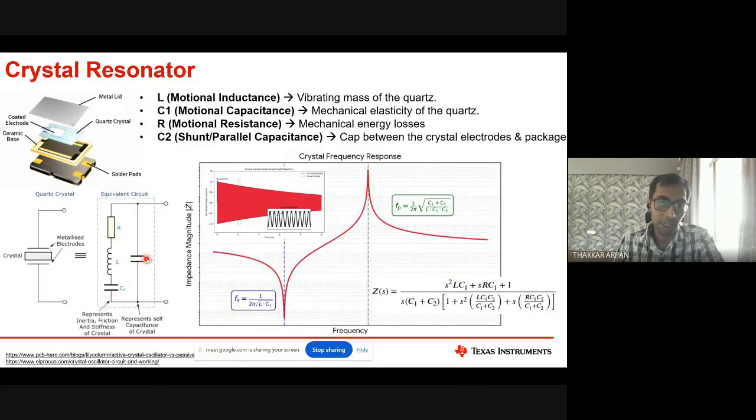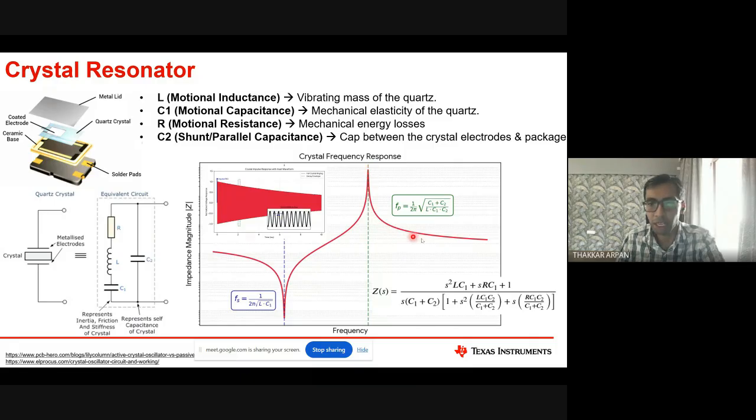That is C1 into C2 by C1 plus C2, and that will effectively cancel out with whatever L is present. Okay. So now across this L, you have C1, C2 and R in parallel. So now you will observe a parallel resonance here. Okay. And after the parallel resonance, it will just act like a capacitance. Okay.